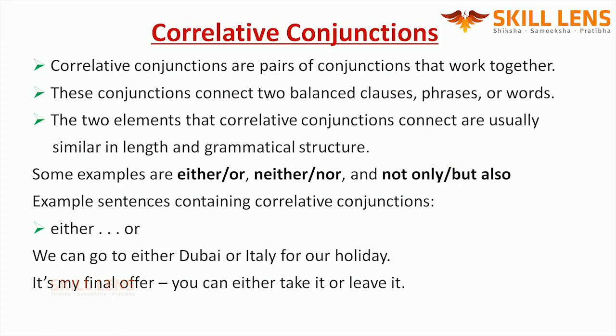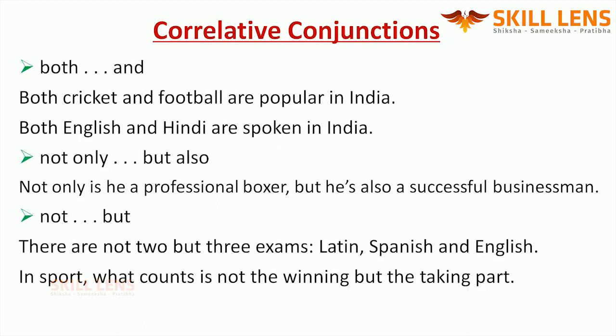Let's see how we can use these pairs of conjunctions to correlate events or clauses that happen in a sentence. Either or. We can go to either Dubai or Italy for our holiday. It's my final offer. You can either take it or leave it. Both and.